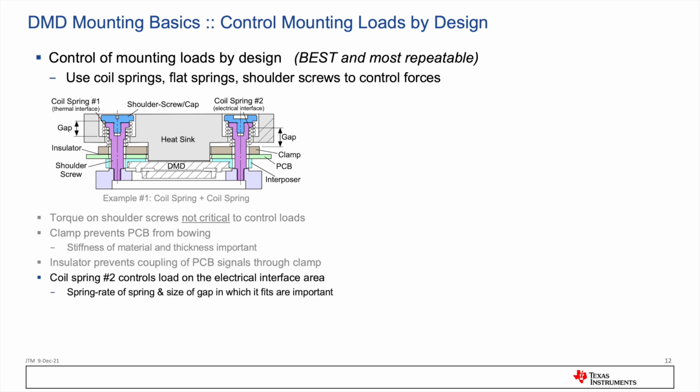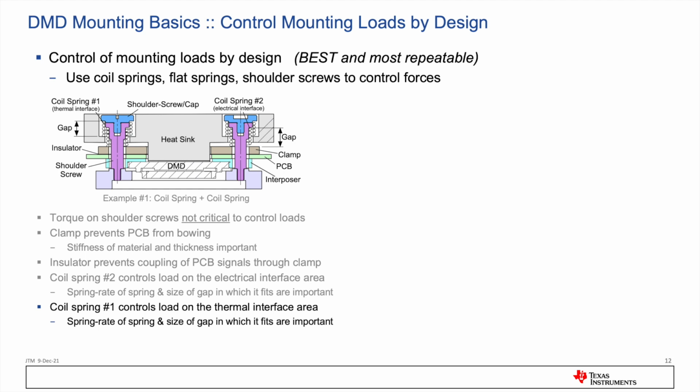Coil spring number 2 controls the load on the electrical interface area. The spring rate of the spring and size of the gap in which it fits are important to control the load. The nominal and range of forces are easily calculated when using coil springs and shoulder screws. Coil spring number 1 controls the load on the thermal interface area.